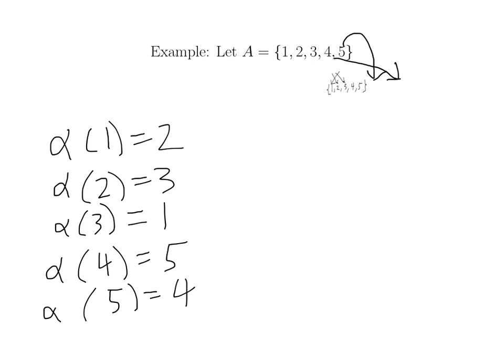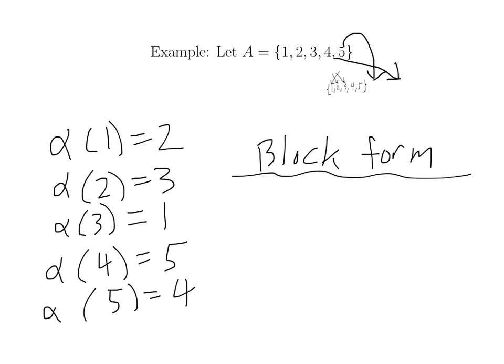Alright, so another way to communicate this permutation alpha is in what I would call block form. So the block form for the permutation alpha would have kind of a block matrix with the numbers that populate the set A, 1 through 5, written on the first row.